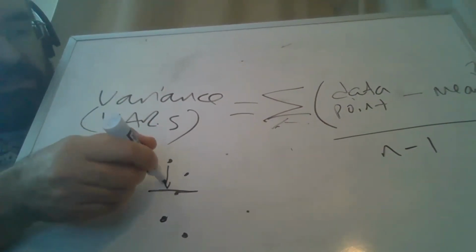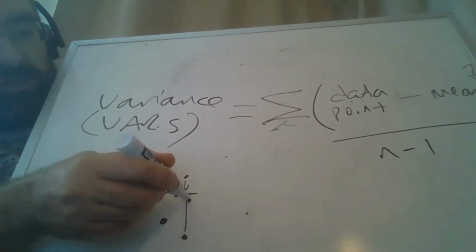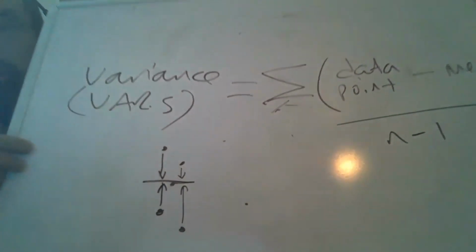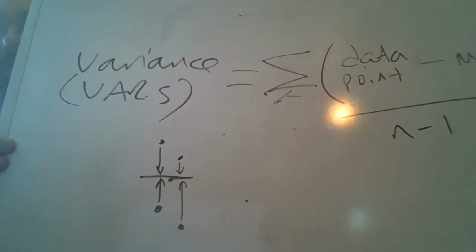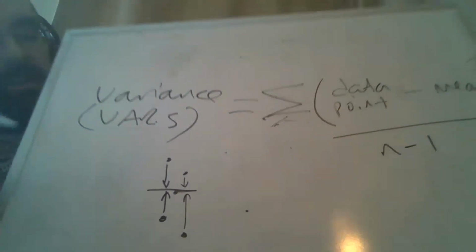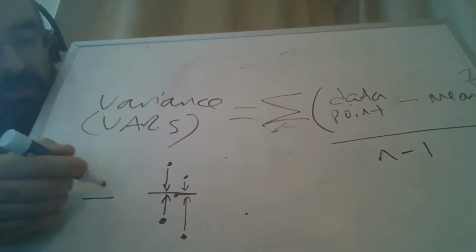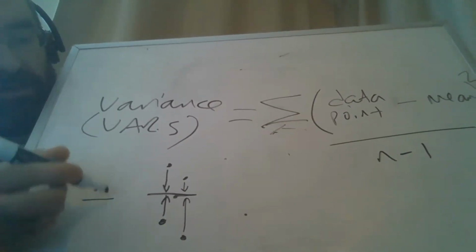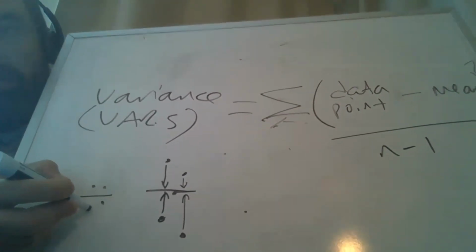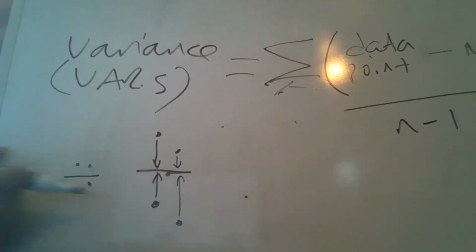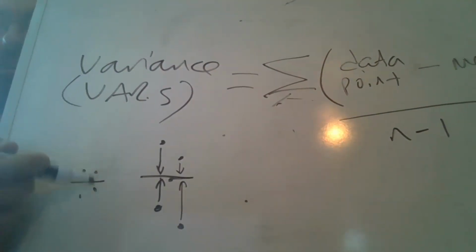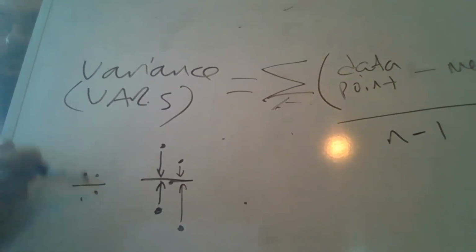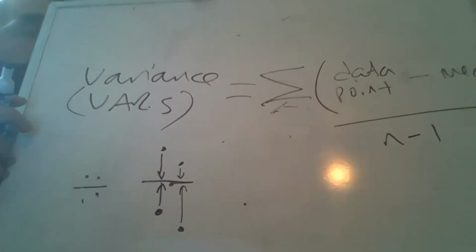The variance is a sum of how much each of those data points varies from the mean, because the variance is going to be greater when the data points are further from the mean, right? They're more spread out. The closer they are grouped together, the smaller the variance, and so the smaller the standard deviation.